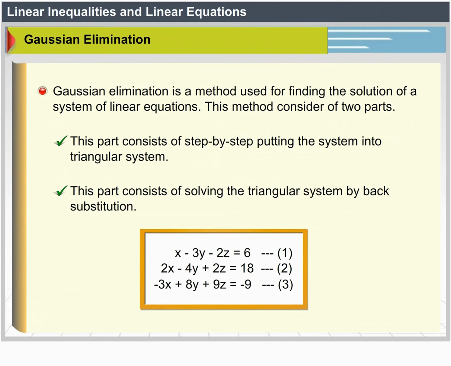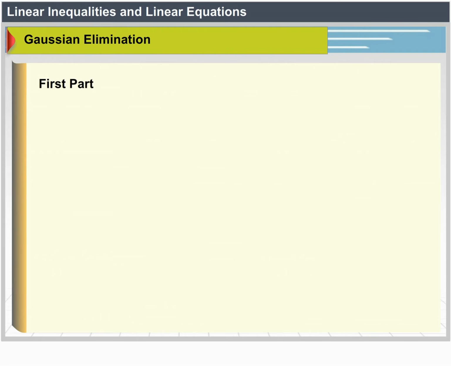x minus 3y minus 2z equal to 6, equation 1. 2x minus 4y plus 2z equal to 18, equation 2. Minus 3x plus 8y plus 9z equal to minus 9, equation 3. First part, eliminate the first unknown x from equations 2 and 3.